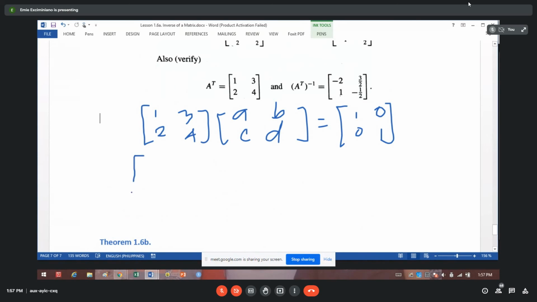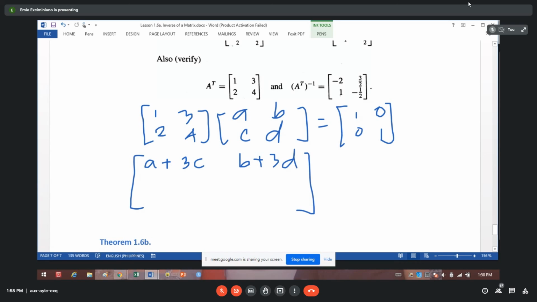So, ang product niyan would be first row, first column: A plus 3C. Dito naman, second entry sa first row, first row times second column: B plus 3D.